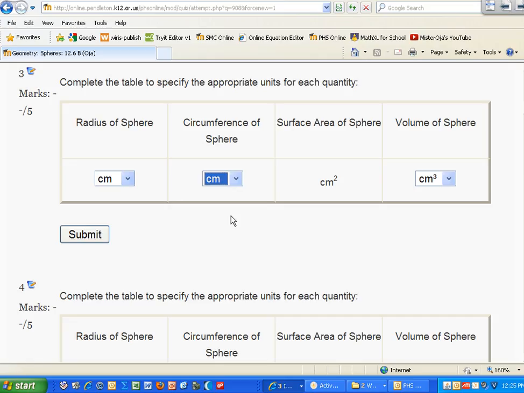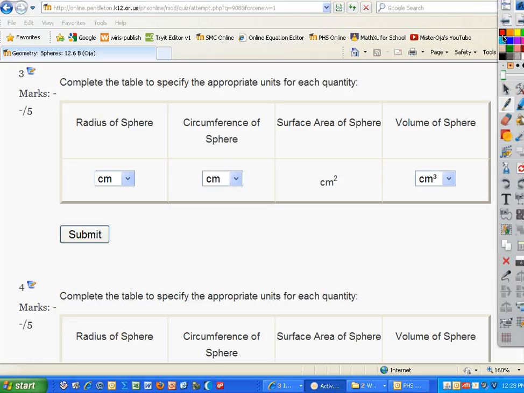Now, if you think about circles and spheres and look at the formulas for these things, the power of r always tells you what exponent goes with the units, right? The formula for radius is just plain old r. The formula for circumference is 2 pi r. Surface area is 4 pi r squared.